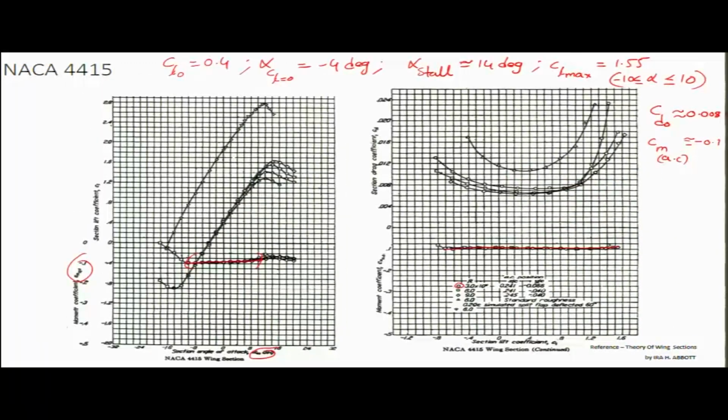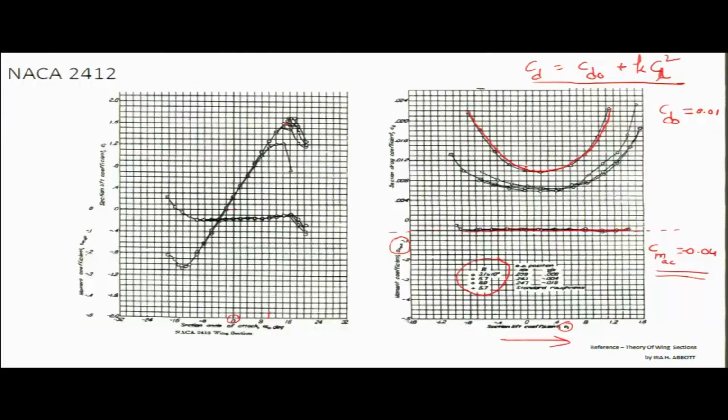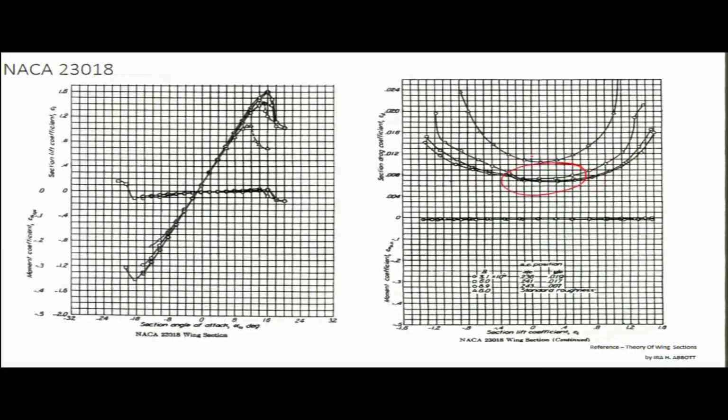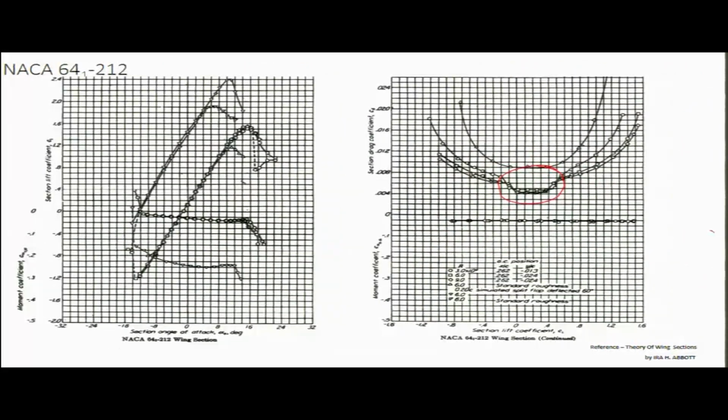Although for some portion it may remain almost constant, it is not exactly the same as what we are witnessing with the 6 series aerofoil. For the 6 series aerofoils you can see the CD almost remains constant with variation of CL or angle of attack.